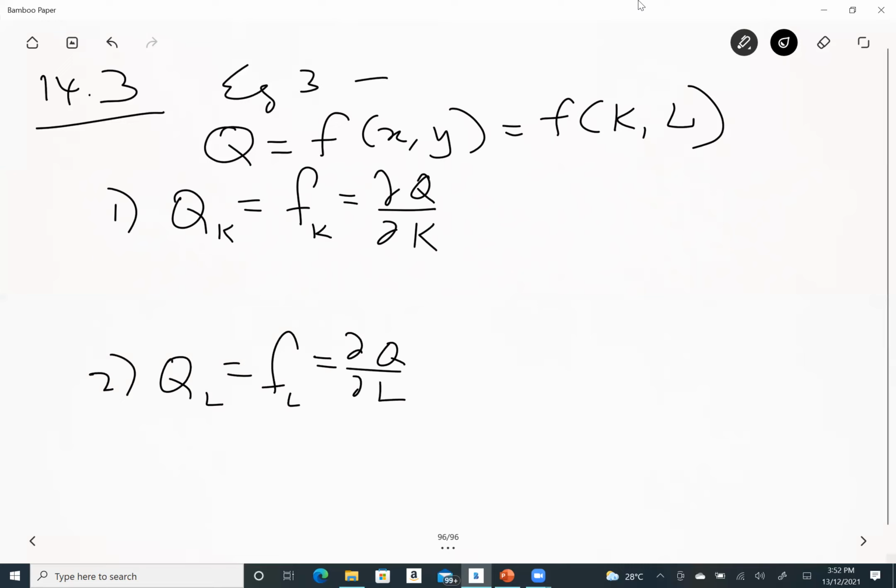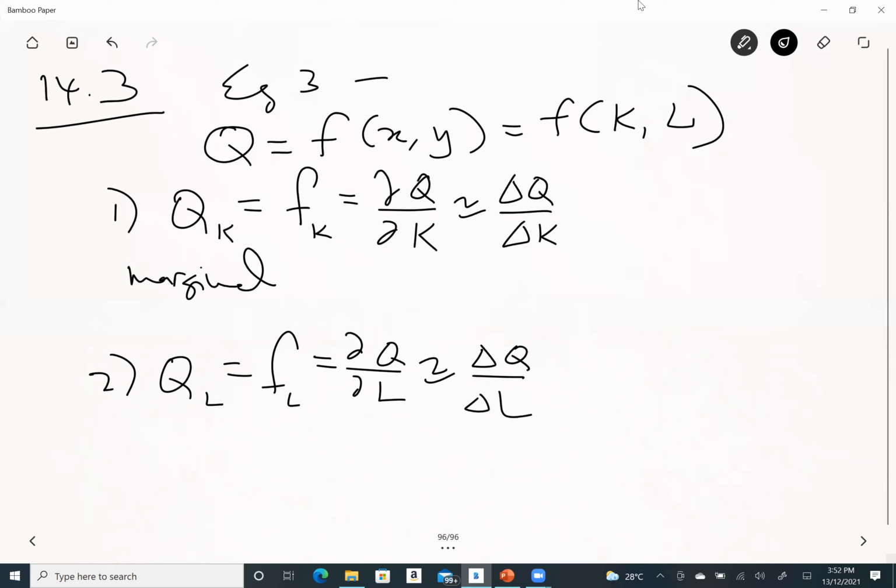Now, in economics, what do you call this? If you take the derivative of the production with respect to capital or labor, what do you call that? Think of it as delta Q over delta K, and here think of it as delta Q over delta L. What is the derivative of Q with respect to K and L? It's marginal. It's always marginal. The term is marginal because you take the derivative. Now, if you take the derivative of Q with respect to K, what do you call it? Marginal what?